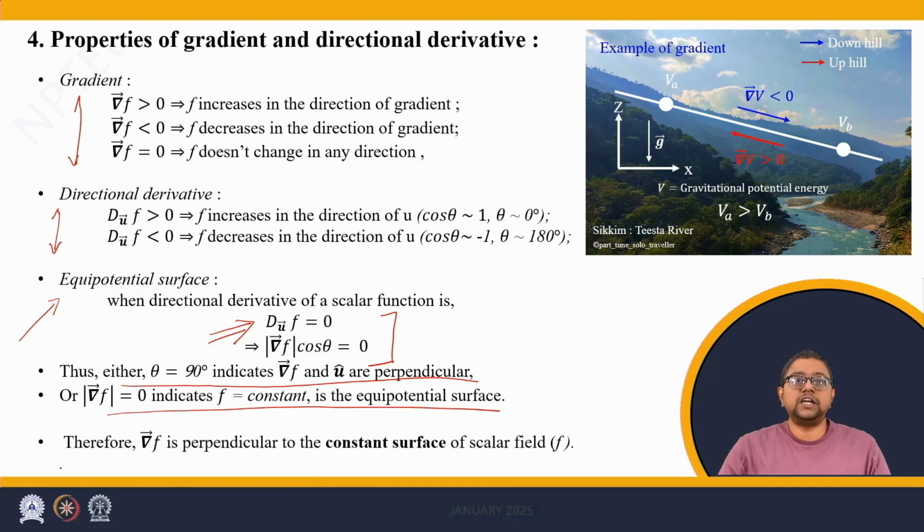The equipotential surface may result either from the angle being 90°, which makes the scalar product equal to 0, or the magnitude of the gradient itself going to 0, indicating a constant scalar field or equipotential surface.